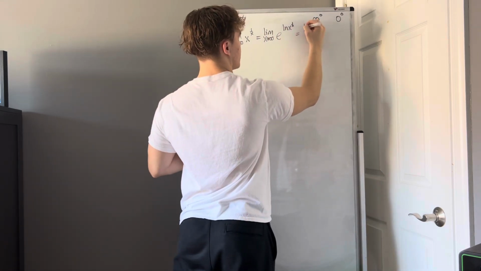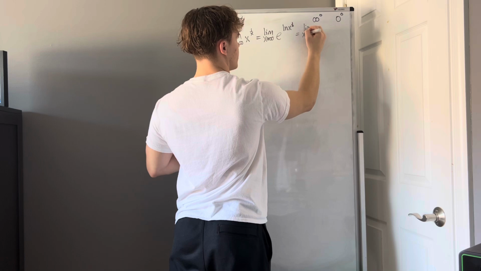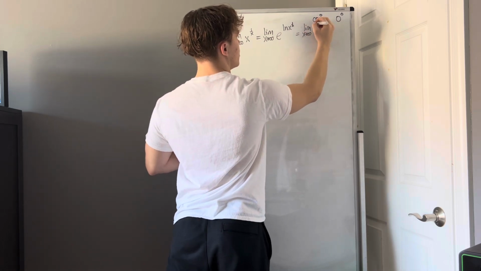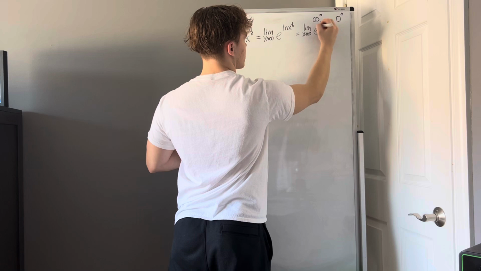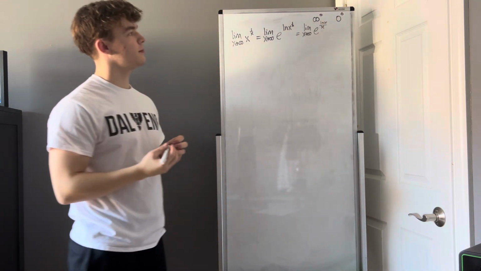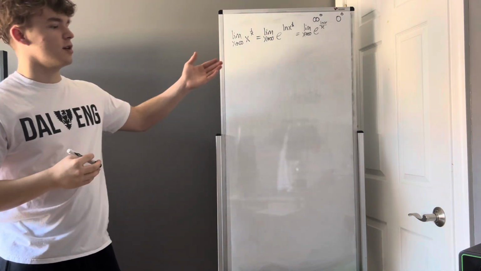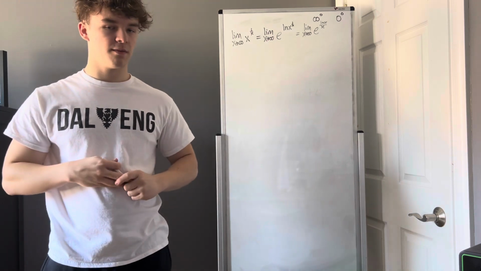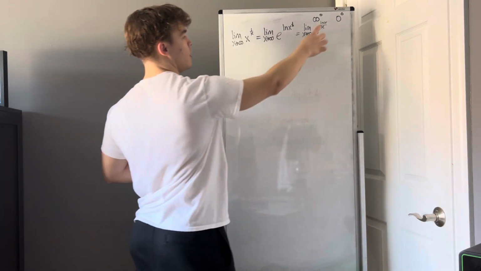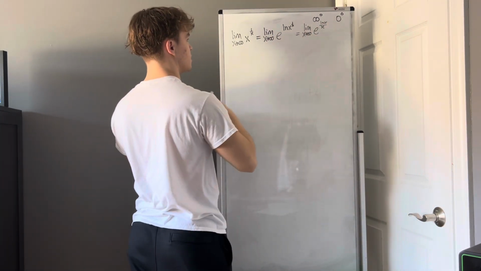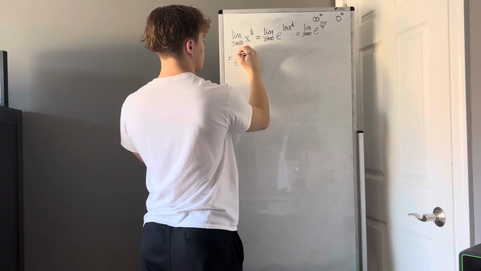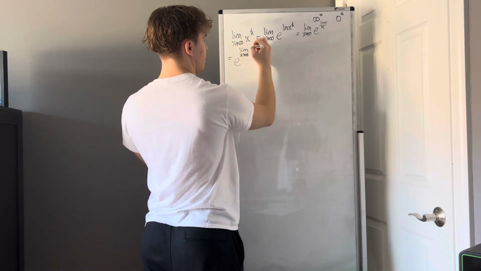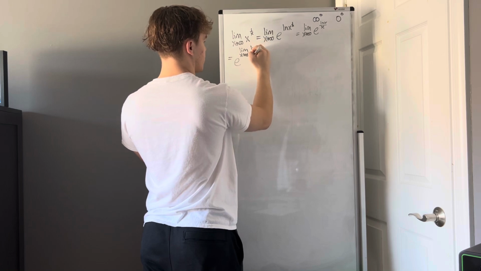We get the limit as x approaches infinity of e to the ln x over x. This is e to the infinity over infinity, so we can use L'Hopital's rule on this here since e is a constant. So this equals e to the limit as x approaches infinity of ln x over x.